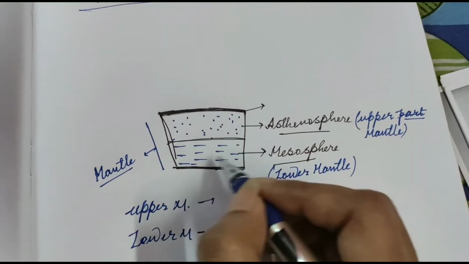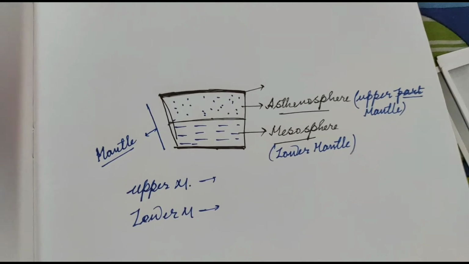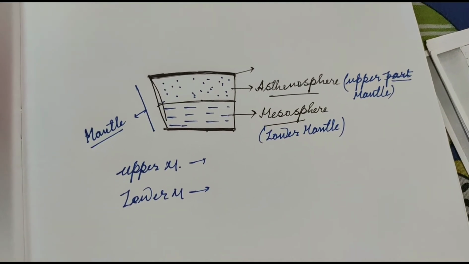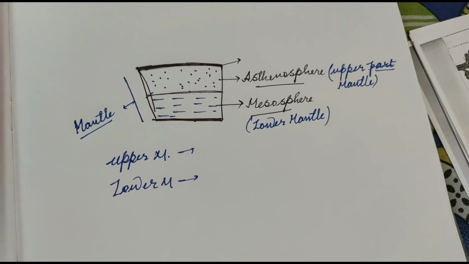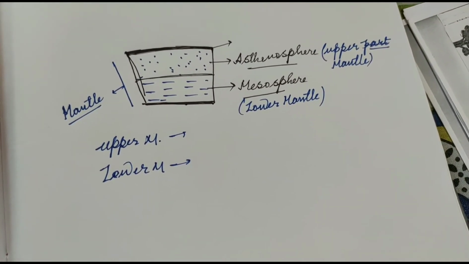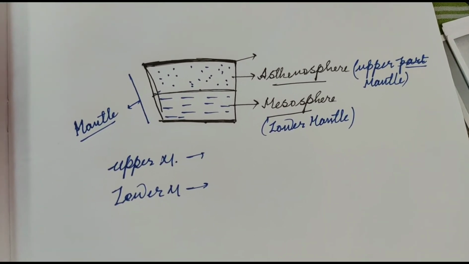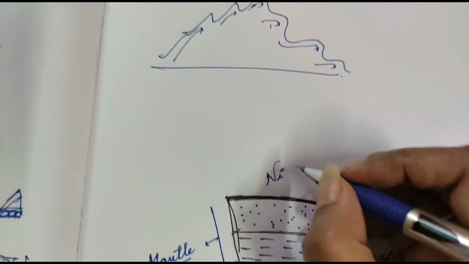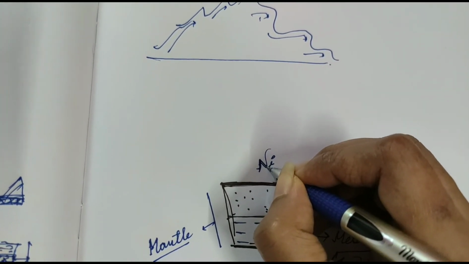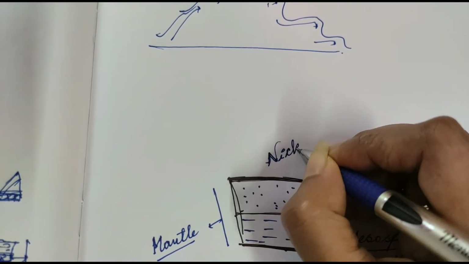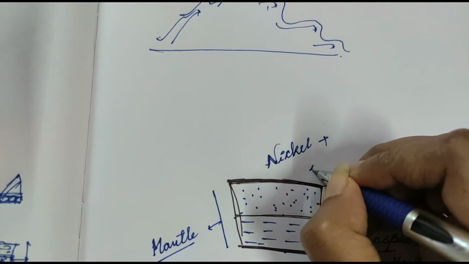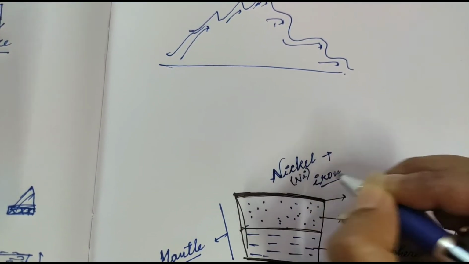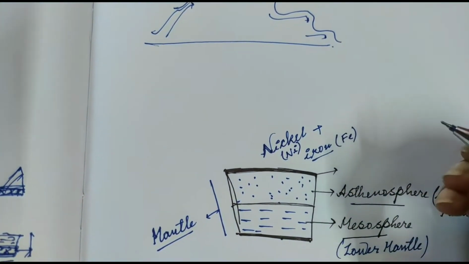First you have to know that the mantle is made up of elements like nickel, chromium, iron, silicon and magnesium. The maximum part of the mantle is made up of nickel and iron. Nickel is Ni and iron is Fe.